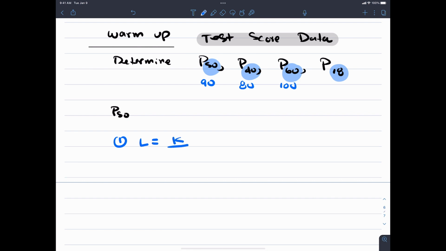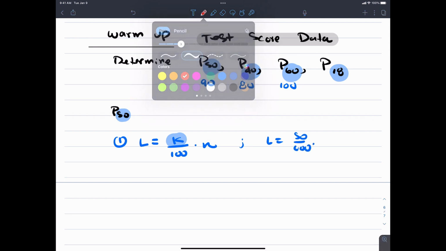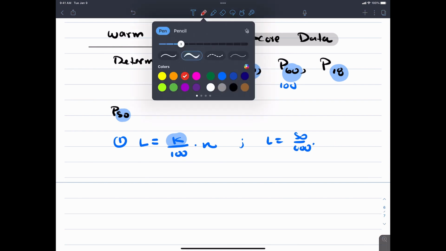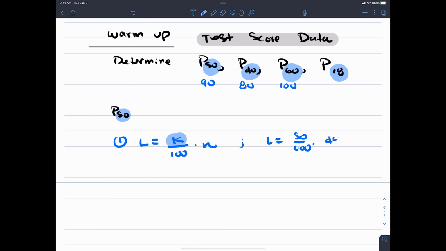And if you have trouble with the definition or the formula, really, you should write it down every time you use it. 50 goes here, is that right? So 50 over 100. What's the sample size from yesterday? That's 48, and I'm going to keep it blue. All righty, 48, good.